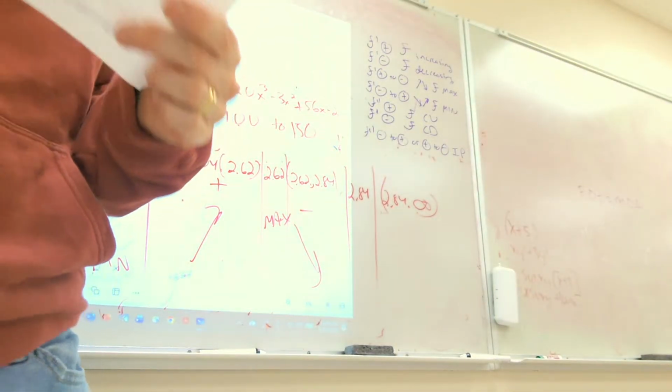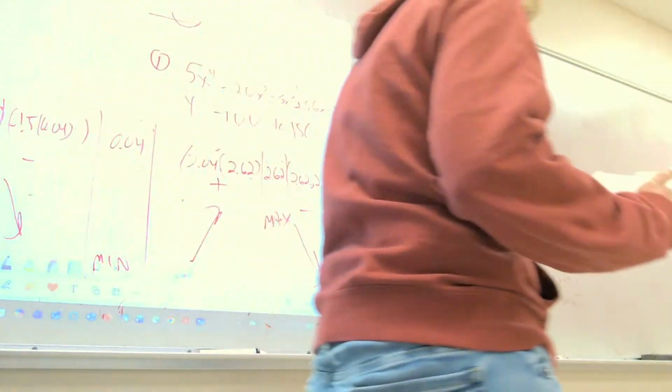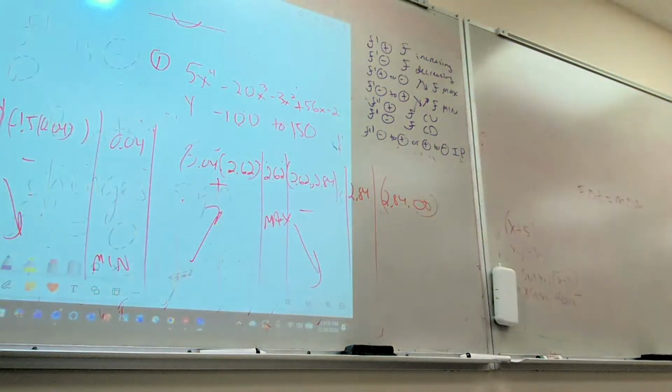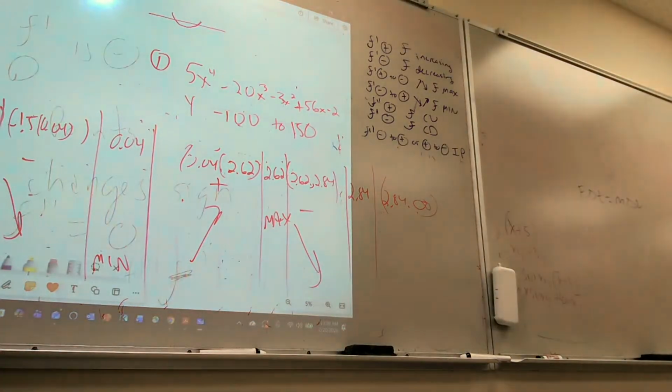So I want you just to use your trace button. Okay, you're just going to use trace. And let's start with the leftmost min. And we're going to estimate it with the trace button, and then we're going to go graph that derivative to get it more precisely.